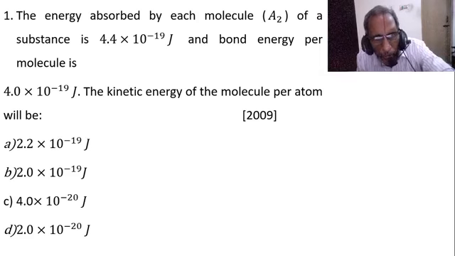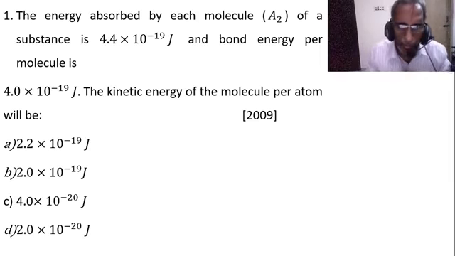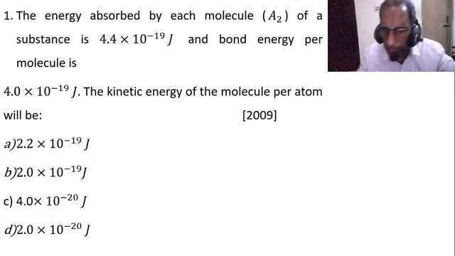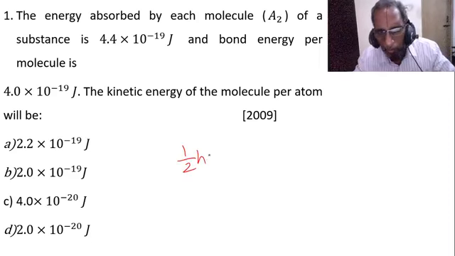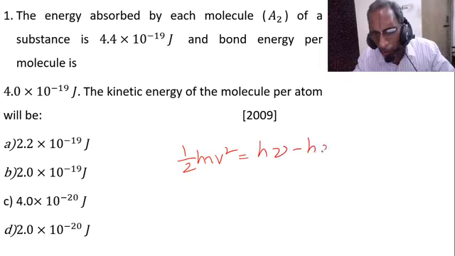Please listen. You might have studied the photoelectric condition as half mv squared is equal to h nu minus h nu naught. This is the condition for the photoelectric effect. But what is the comprehensive statement of the photoelectric effect?